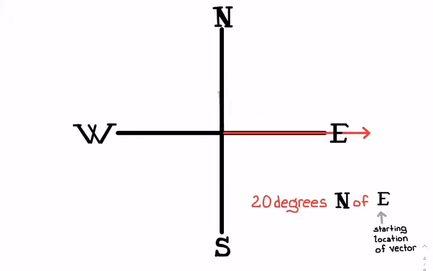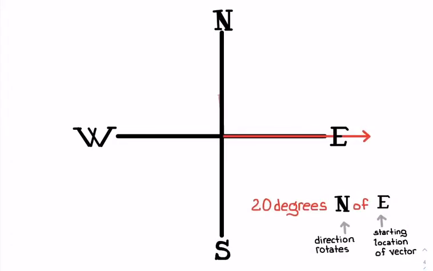To get north of east, you can think about it as if the object is moving due east. If I took this red vector and rotated it counterclockwise, we would be rotating it towards the north. The amount that we would need to rotate this red vector to the north, or counterclockwise, would be 20 degrees.